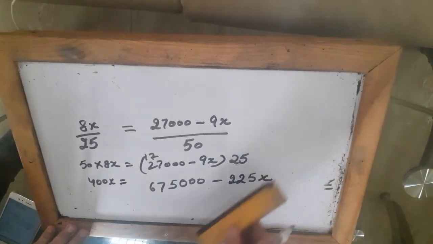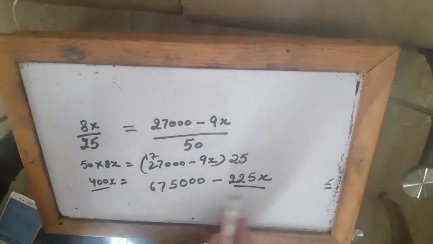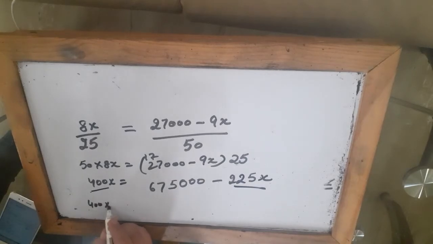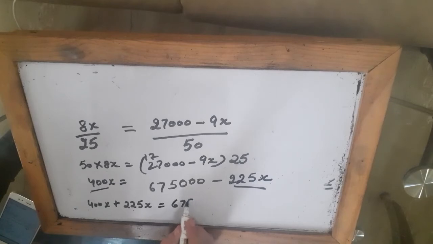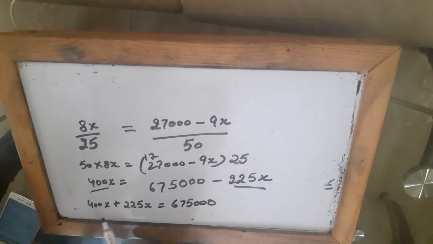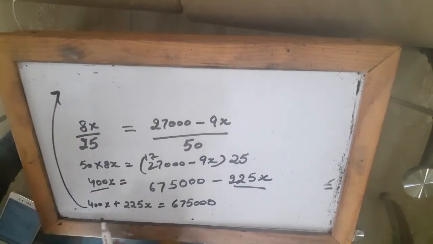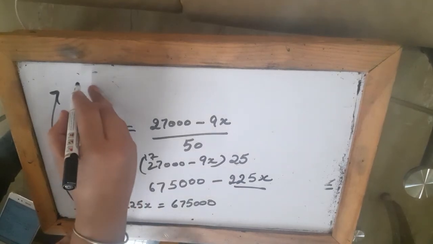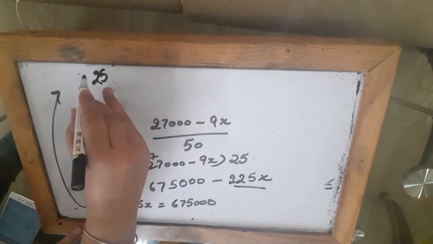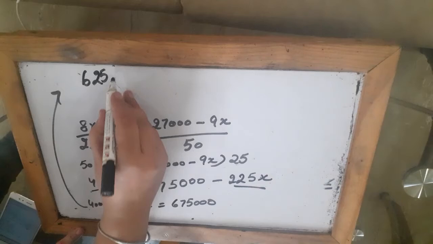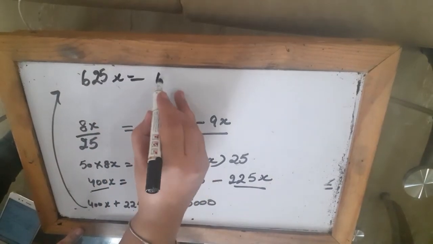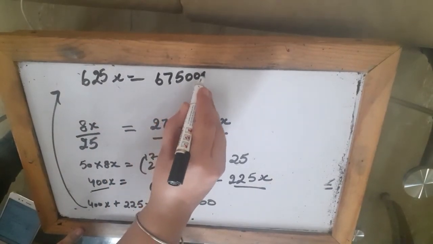Now both sides, these x terms you bring together: 400x plus 225x is equal to 675000. Now 400 plus 225 becomes 625x equal to 675000.